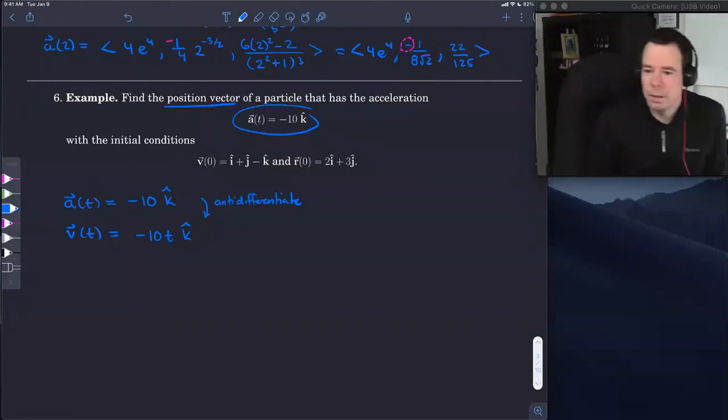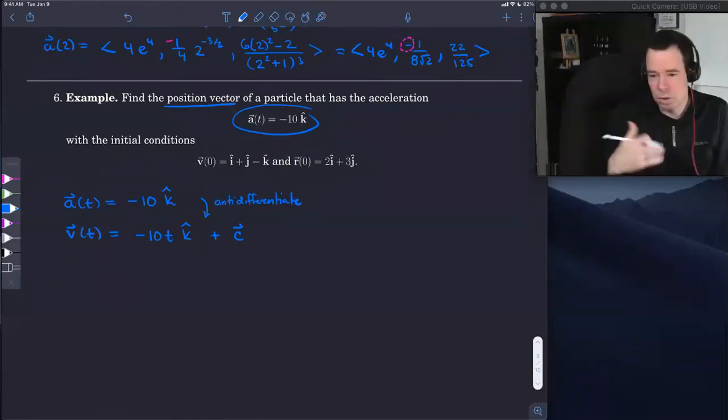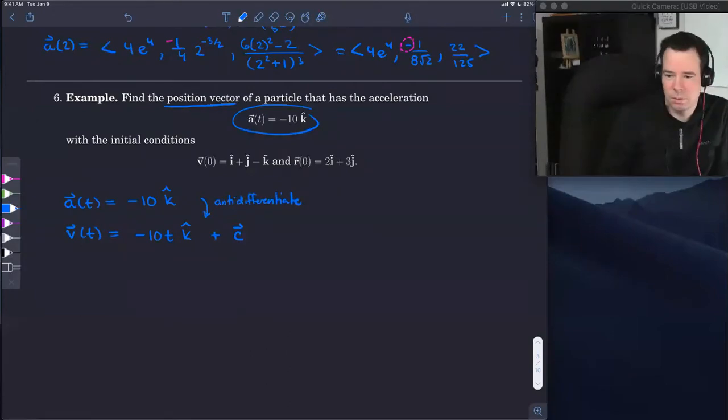Now the thing is, when we anti-differentiate, we get constants of integration. So I've got to have a plus a constant for every term that I anti-differentiate. There's an i hat and a j hat term here that are both 0 in the acceleration. When I anti-differentiate them, I get constants there as well. So I just absorb all those constants into a vector, which I call c.